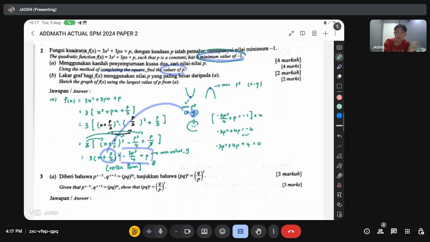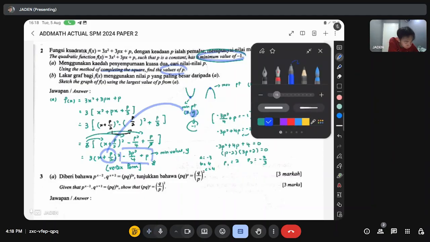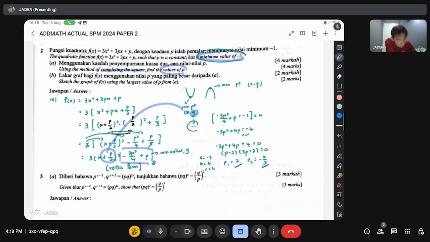Now key in your calculator: a value is -3, b value is 4, c value is 4. You will end up with two answers from your calculator. p is 2 and p is -2 over 3. Reversing back, (p minus 2)(3p plus 2) equals 0. And so those will be your possible values of p.